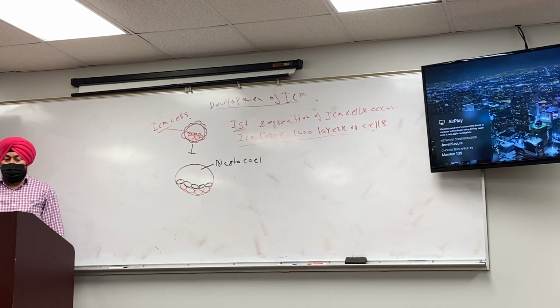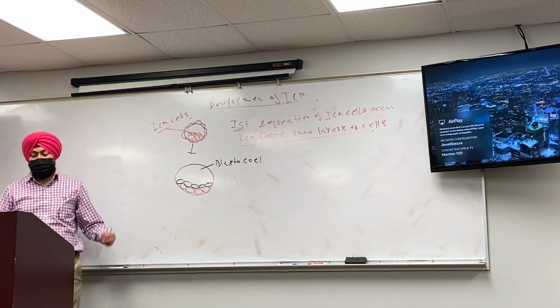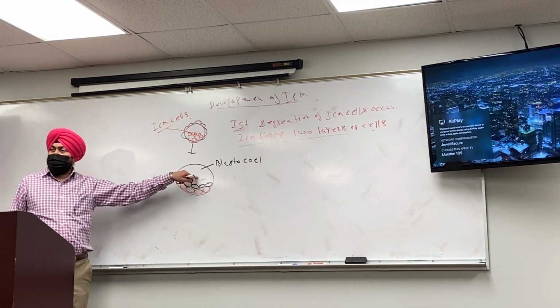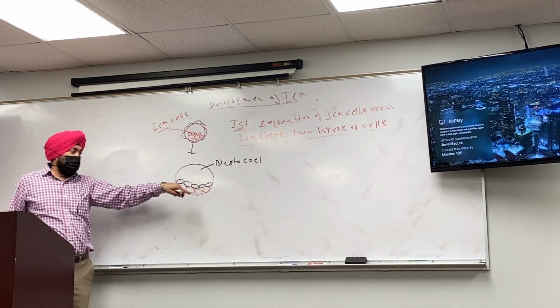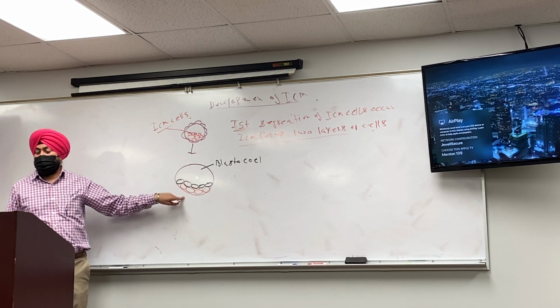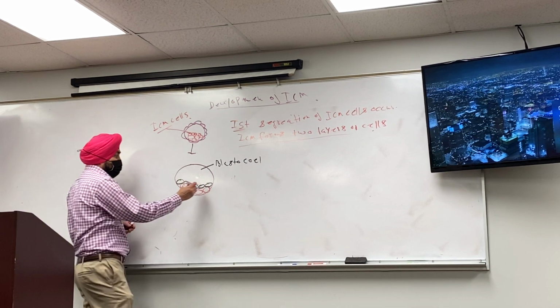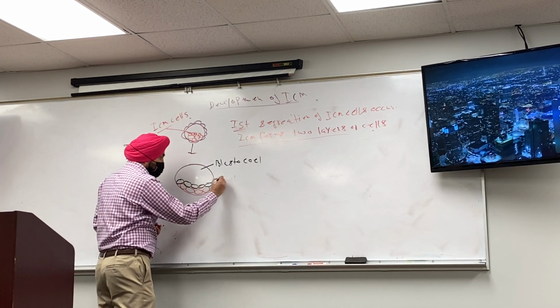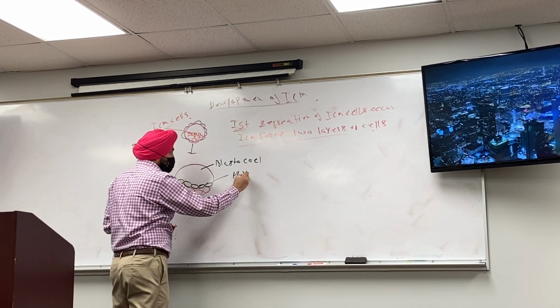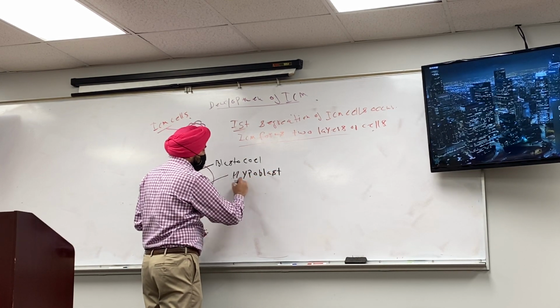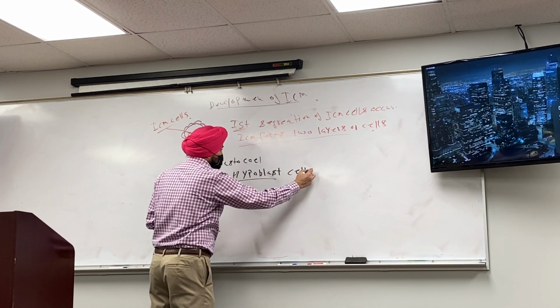Okay. So the cell formed two layers: the cells which are in contact with the blastocoel and the cells which are away from the blastocoel. The cells which are in contact with the blastocoel are now called hypoblast cells.